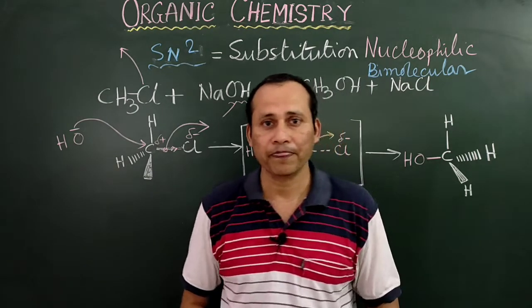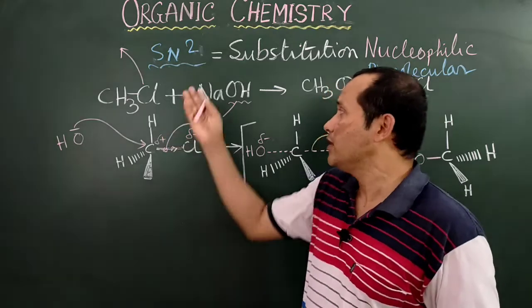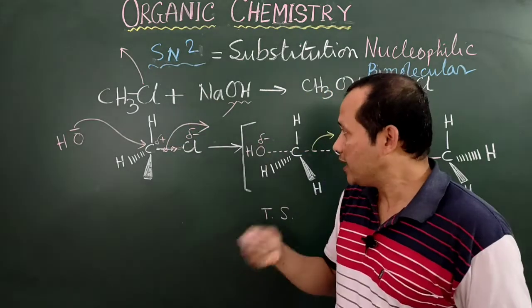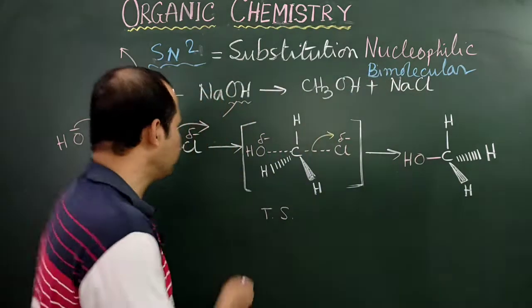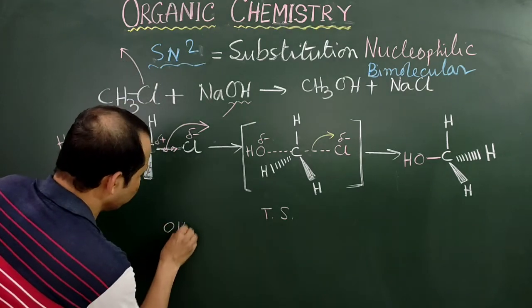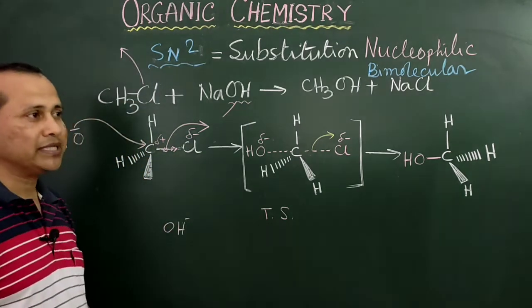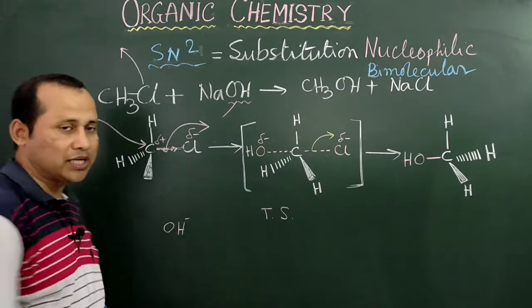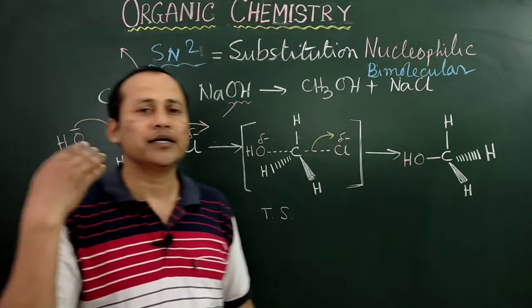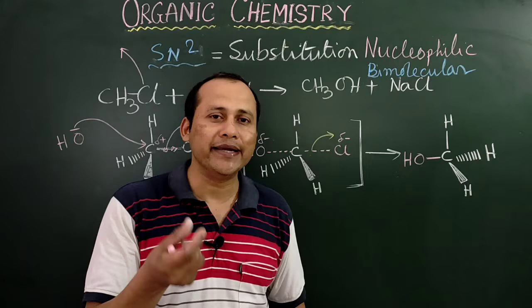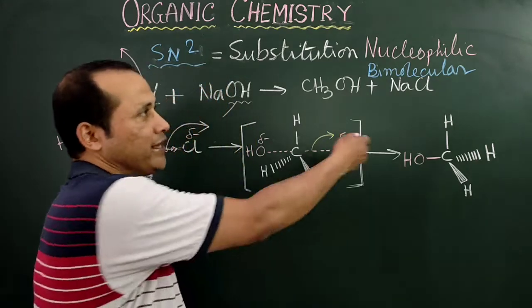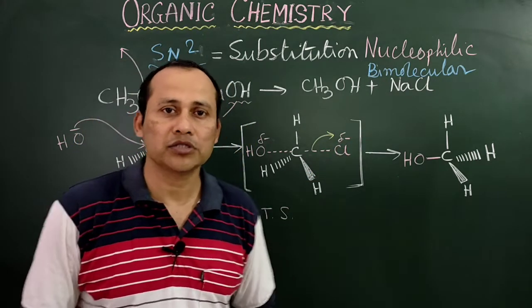First of all, the nature of nucleophile. Now here we have written nucleophile OH minus. But remember, this is not the only nucleophile. There are so many nucleophiles. Depending on these nucleophiles, the rate will be faster or slower.